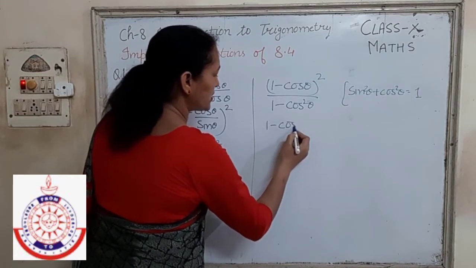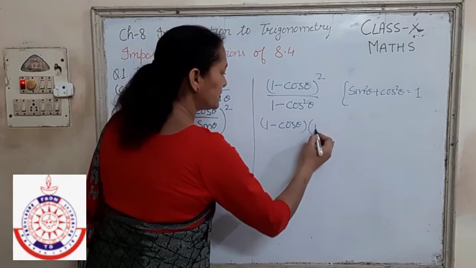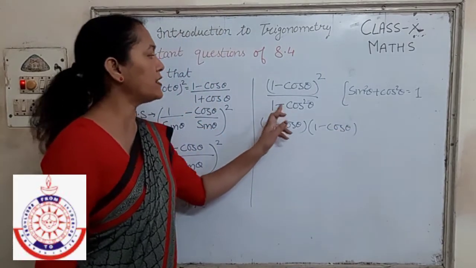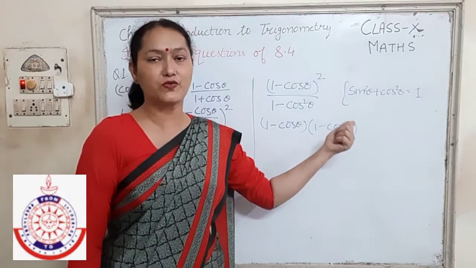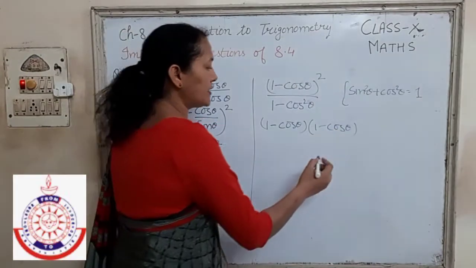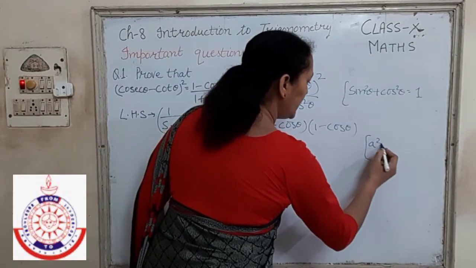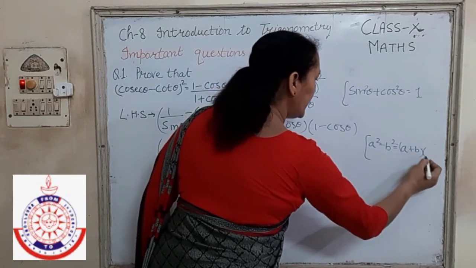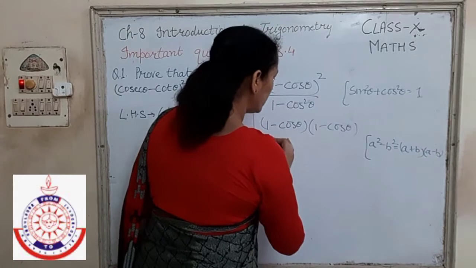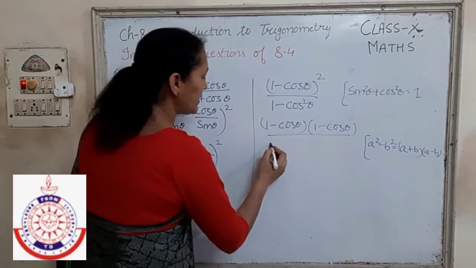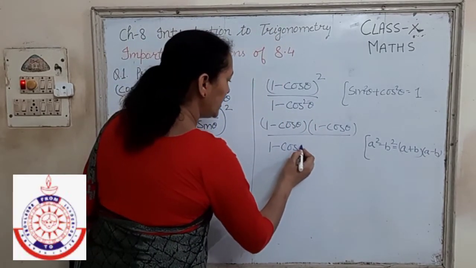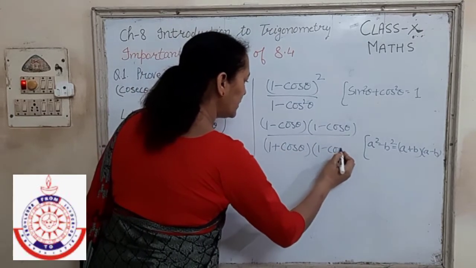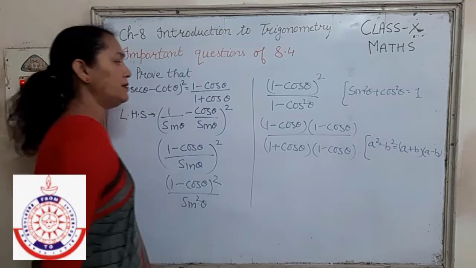1 minus cos theta is 2 times. Here we have 1 minus cos square theta, which means 1 square minus cos square theta. So, we will be using the identity a square minus b square equals a plus b into a minus b. Here, in place of 1 minus cos square theta, we will be writing 1 plus cos theta into 1 minus cos theta.